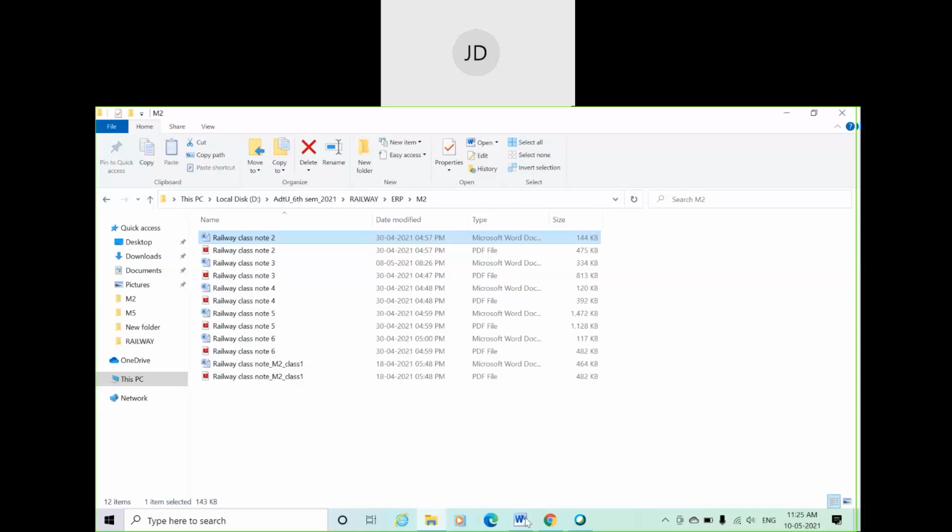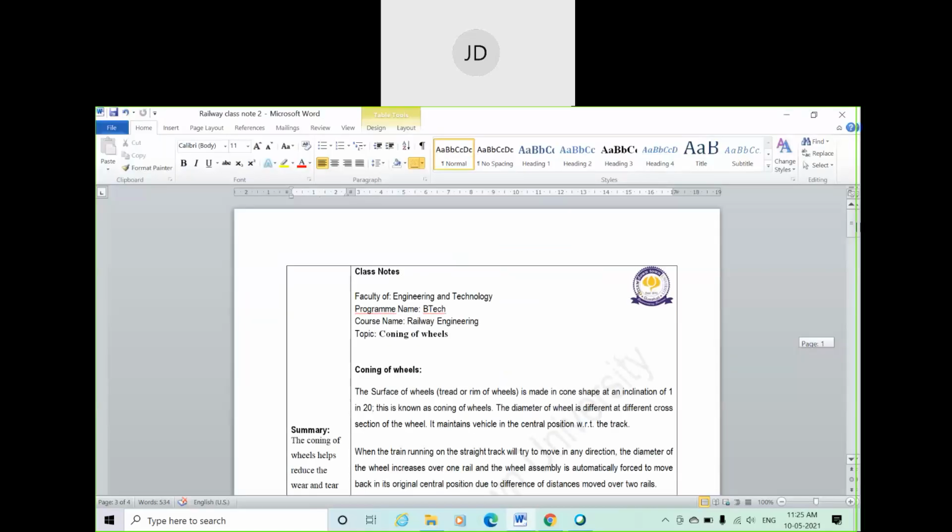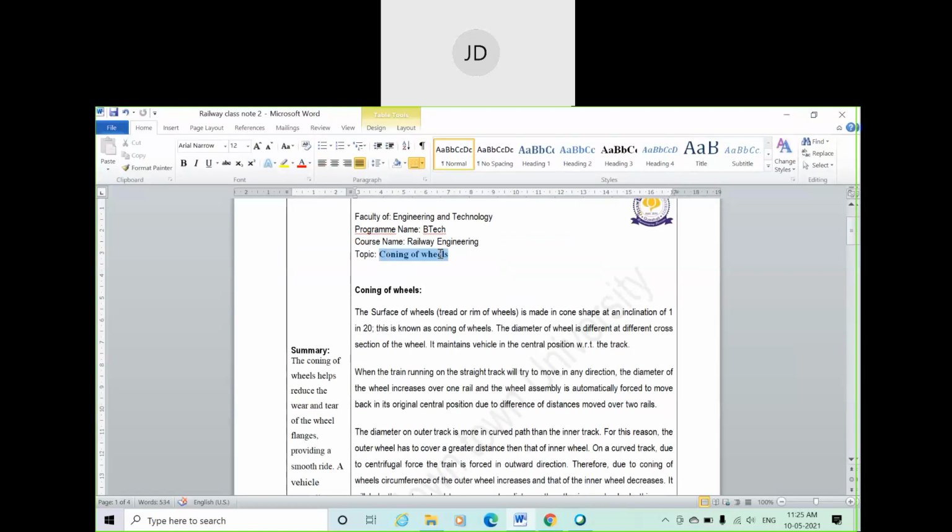So we'll start. Today we'll discuss coning of wheel. Okay, first of all, let me start my sharing. Is it visible?